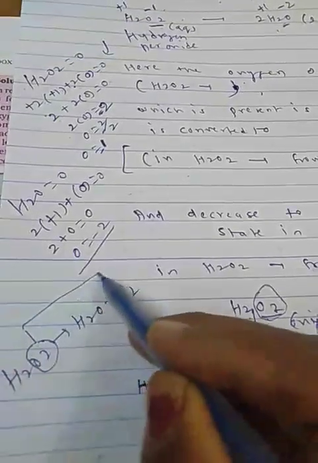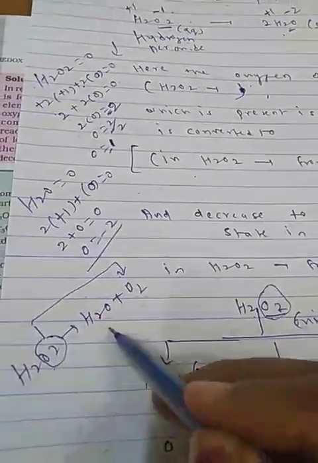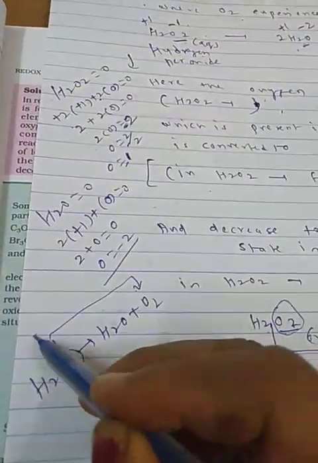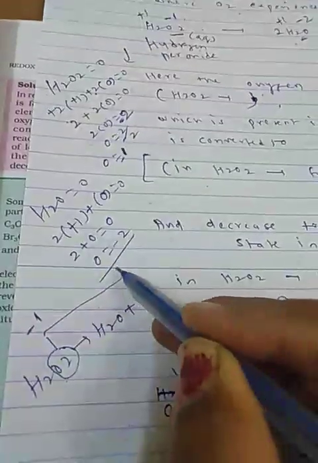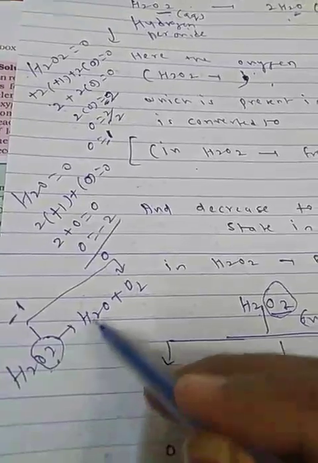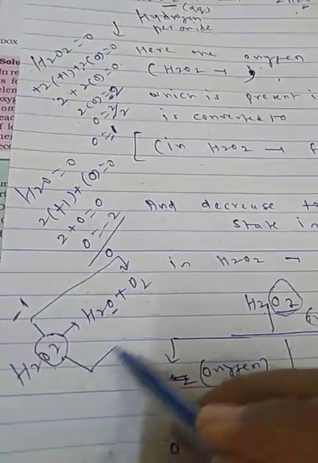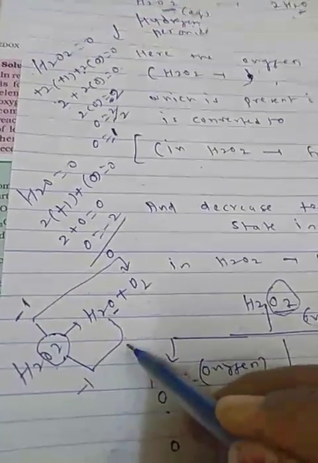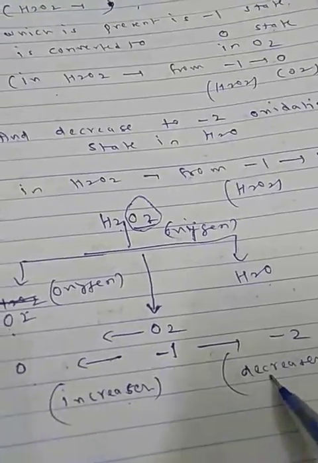This oxygen to this oxygen is from -1 to 0, an increase, and this oxygen from -1 to -2 is a decrease.